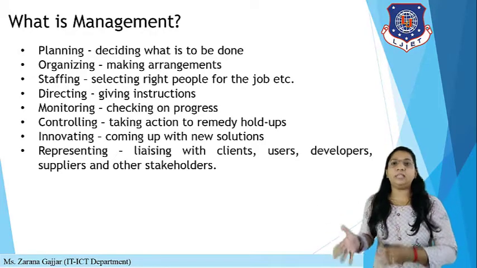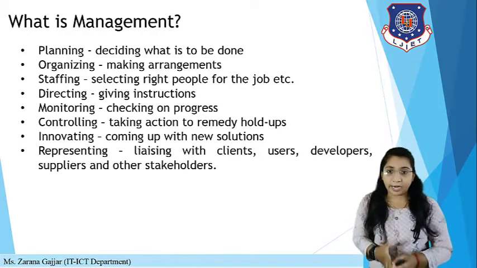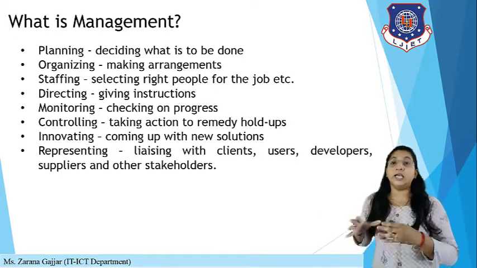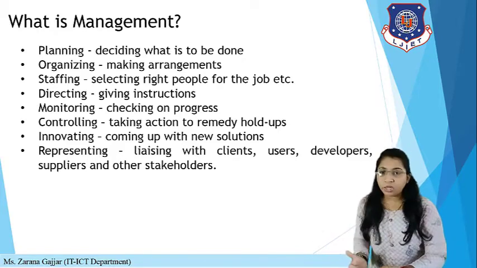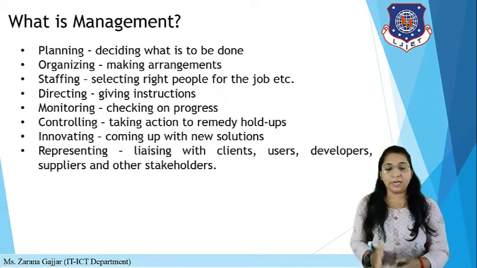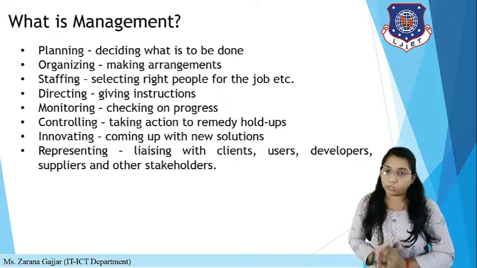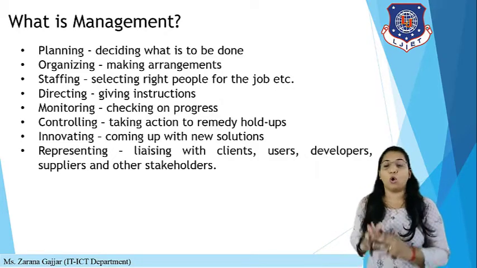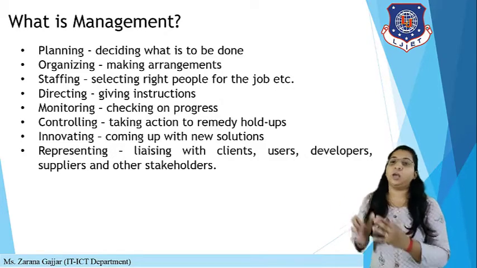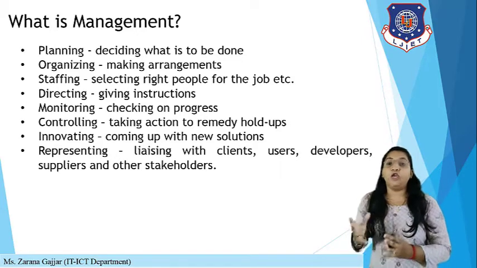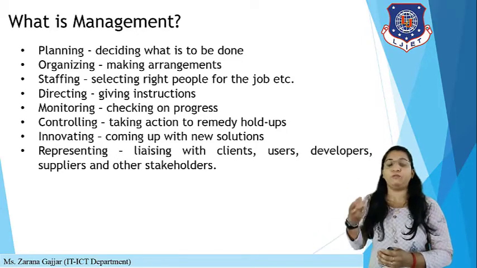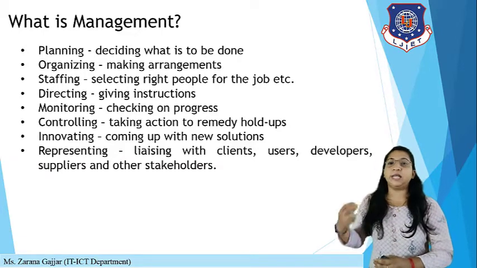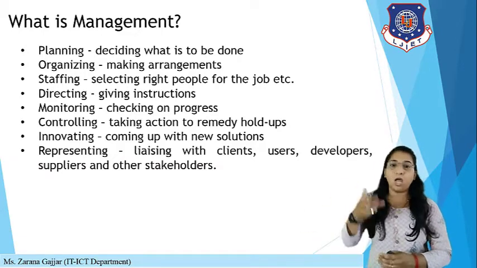Planning means deciding what is to be done. So you are planning for your software product. Then organizing means you are making some arrangement. For developing any software you have to organize all the things, making arrangements for all the resources and all the team members. Then staffing: you have to select some people for a particular task, so staffing is selecting the right people for the job.